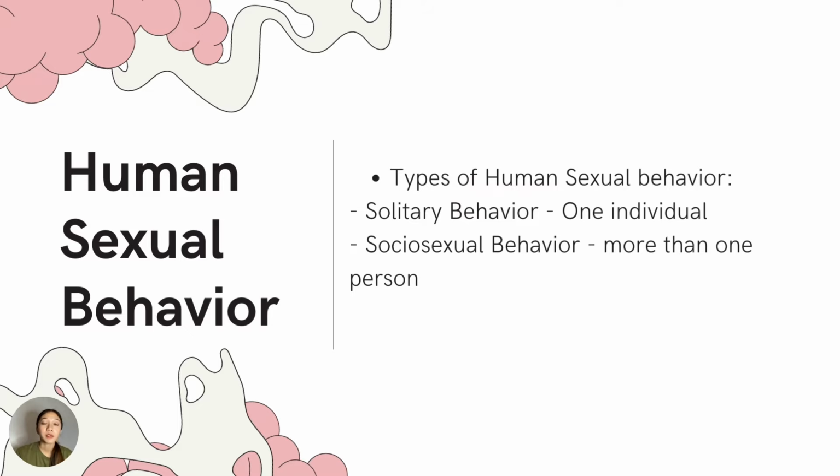So, tandaan natin to class ha. Please be open-minded in this discussion. Pinapaulit-ulit ko sa inyo. Solitary, pwede dito yung masturbation ng isang tao. While the socio-sexual behavior is, ano ba yung magandang example dito? Group sex or threesome.